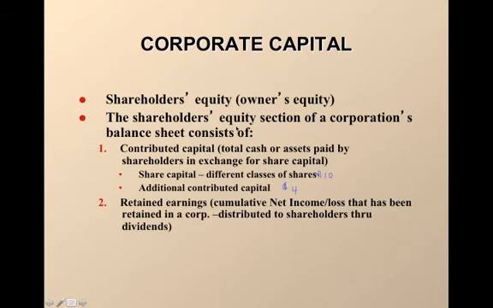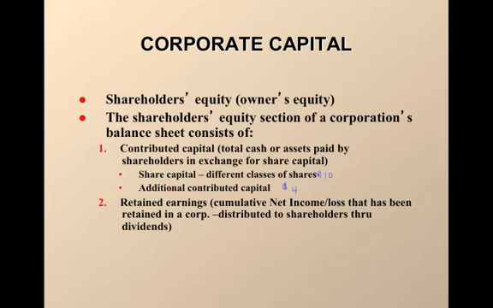Retained earnings is the second section. Retained earnings is all of the net income the company has earned over time that has been retained in the corporation, so kept in. So if the company has earned $100,000 in net income over time and they've kept it all in the corporation, that means not given back to the shareholders, then the retained earnings for the corporation would be $100,000.